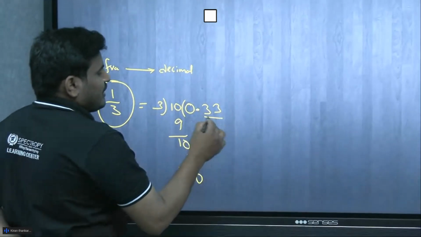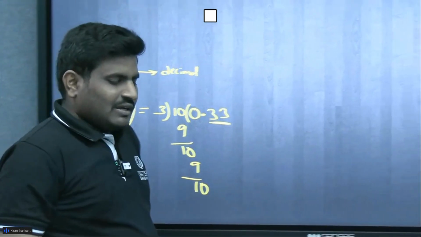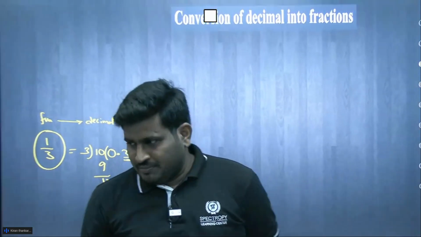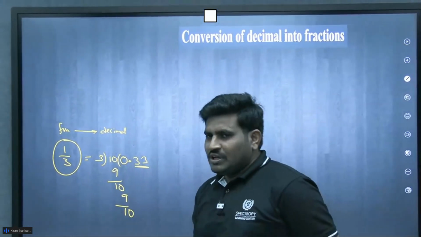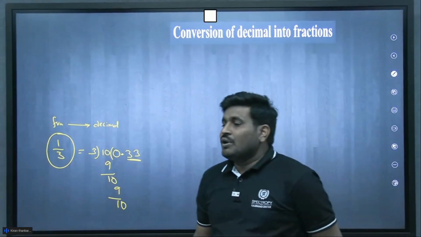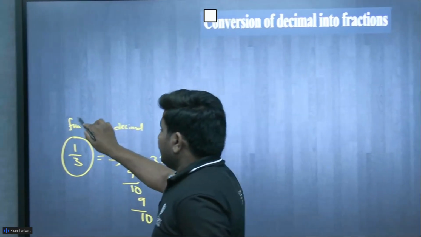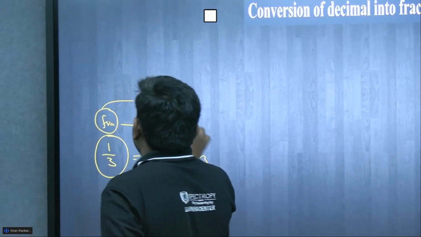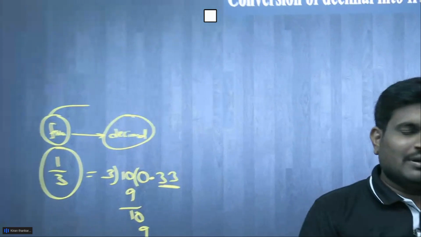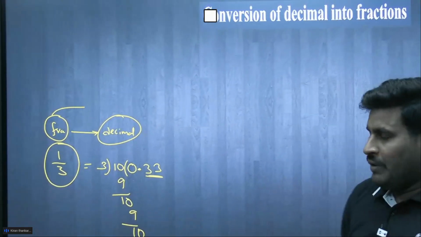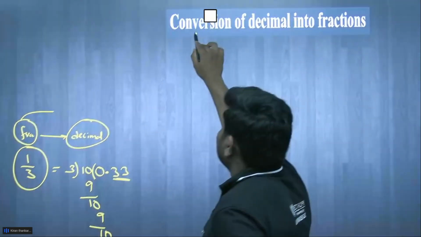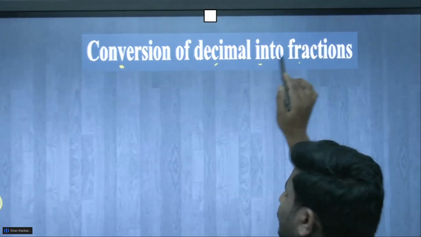So if you observe, after the decimal point 3 is a repeated term, 3 3 3 3 3 up to infinite times. So this is the conversion of fraction to decimal.